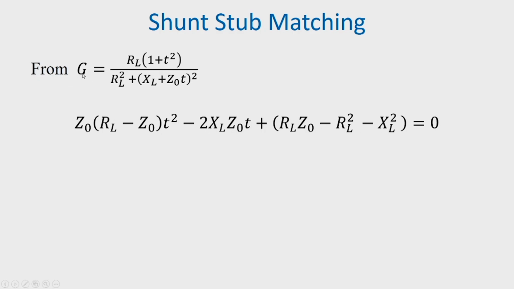So, here you put G equal to y naught equal to 1 by Z naught, and then rearrange the terms, then we will get this quadratic equation.